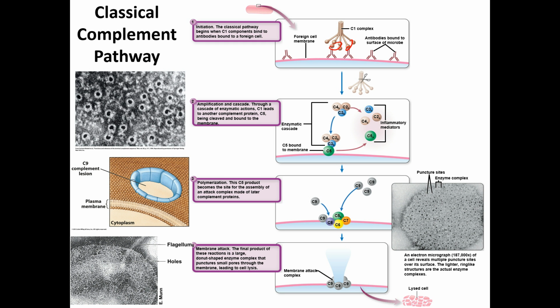Alright, so upon binding, you have a series of other complement proteins that bind to this protein complex and begin attaching to the surface of the microbial cell. So you have C2b, C4b, C3b, C5.